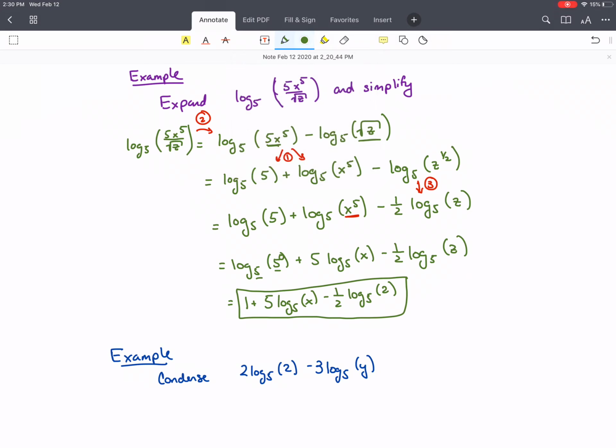If I'm asked to condense, then I'm going to do the reverse with the log rules. First I notice I have a number times a log, so I'm going to rewrite that using the third log property as an exponent. The same with the second one.